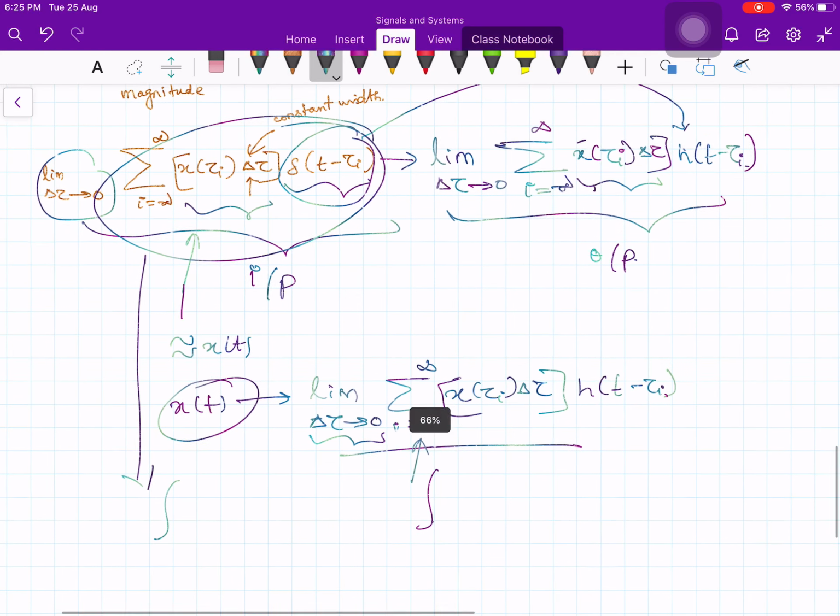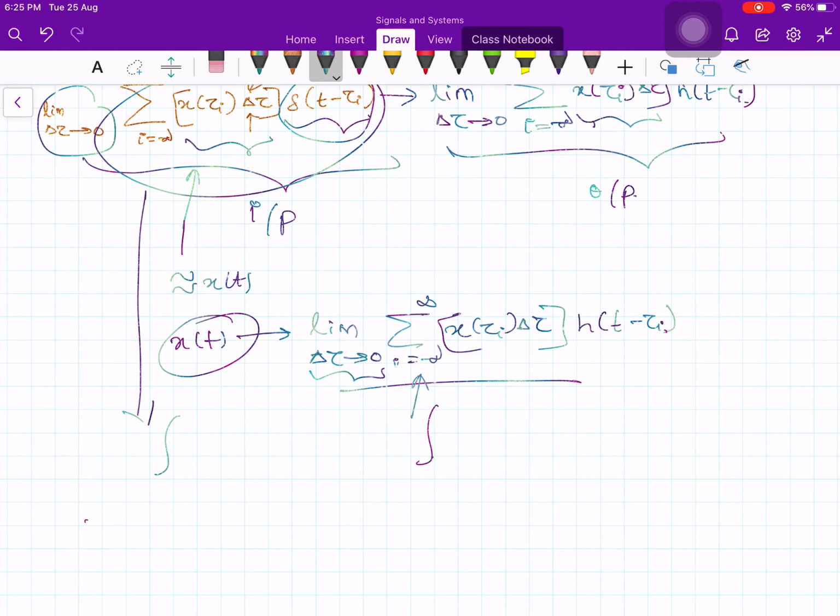So x of t is regarded as the integral of x of tau delta of t minus tau d tau, because i becomes infinite now.